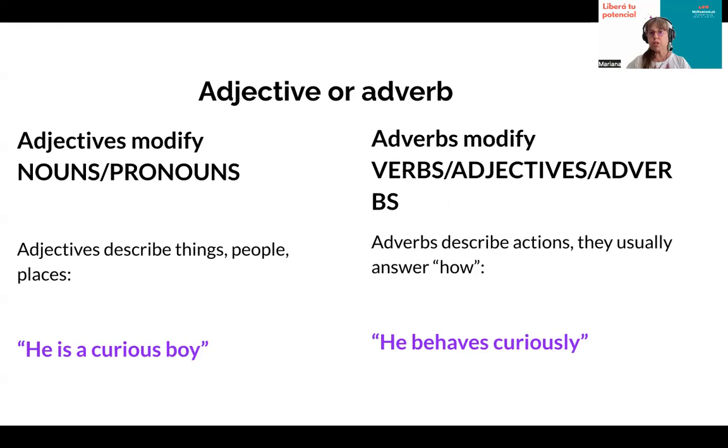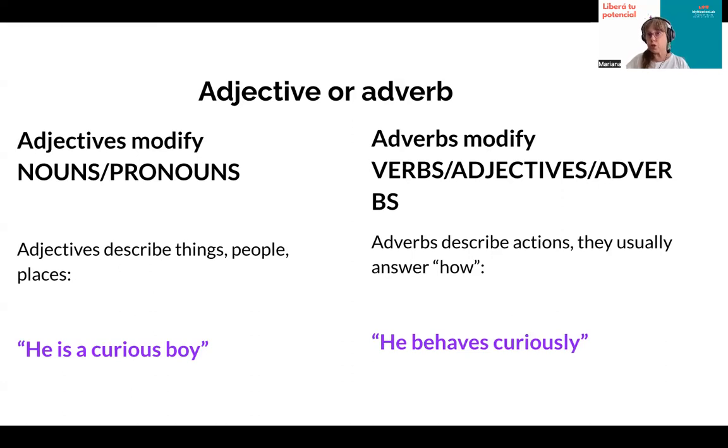Adverbs modify verbs. So we could say that these adverbs are words that describe the actions, the way that action is being performed, was performed or is going to be performed. They usually, but not always, answer the question how.